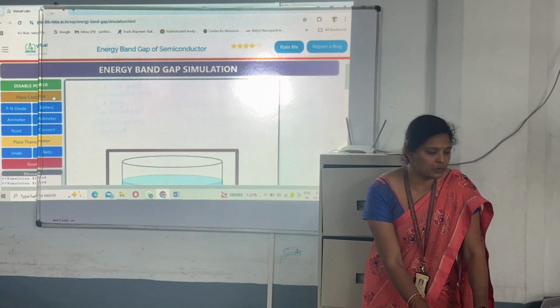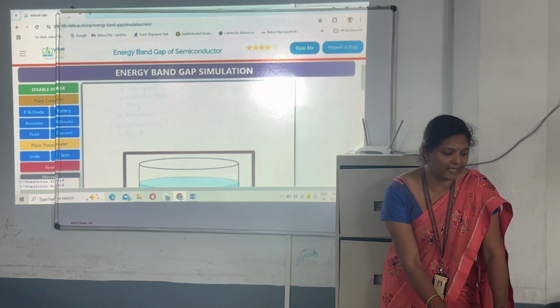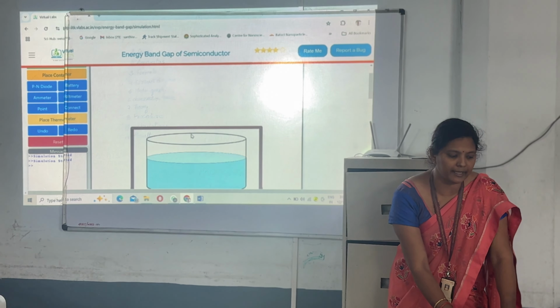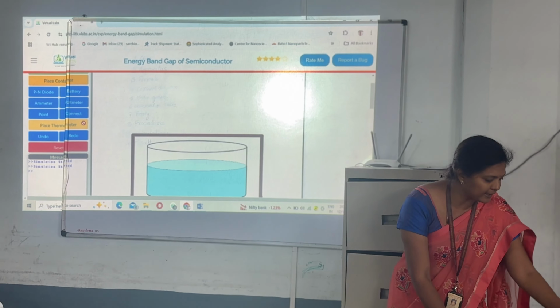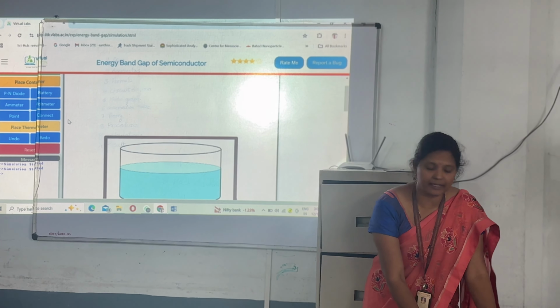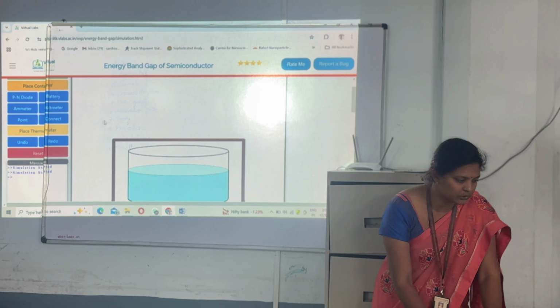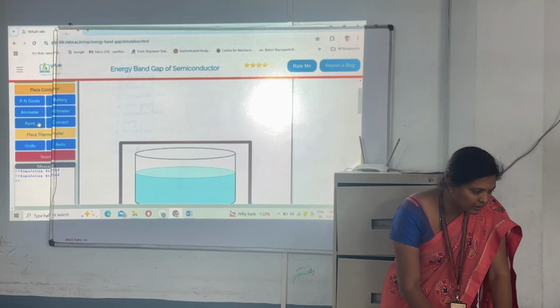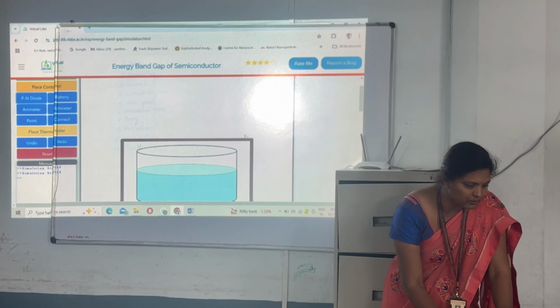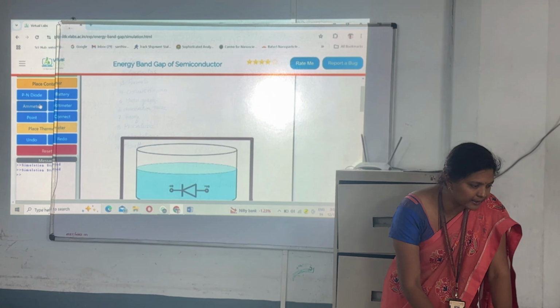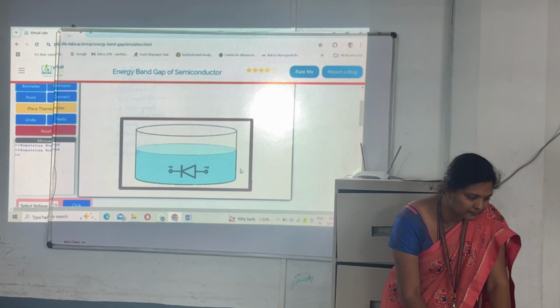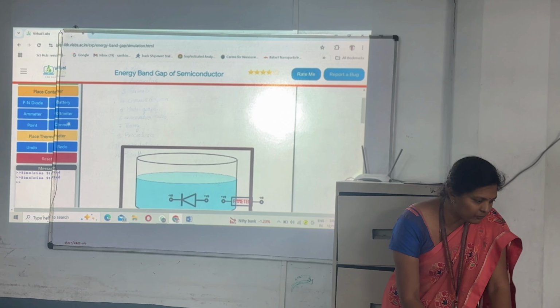First, use the icon of place container. If you click it, you will be able to have a container here. Then, according to the circuit diagram, we need a battery, ammeter and voltmeter. So, let us connect the circuit. First, let us take a diode and then an ammeter. If you click, you are able to get an ammeter, and we need a battery.